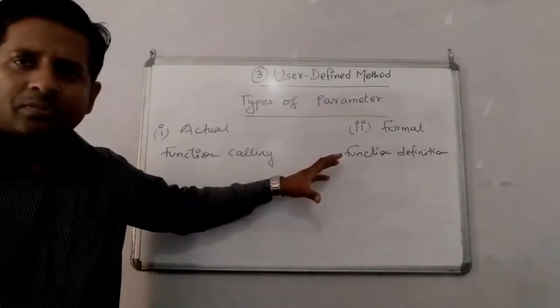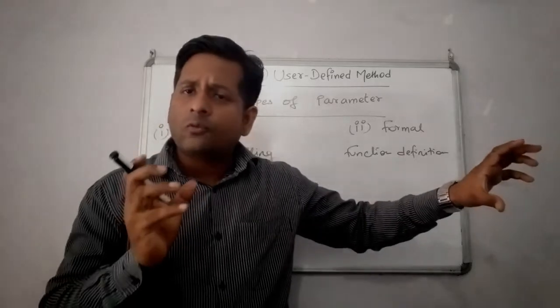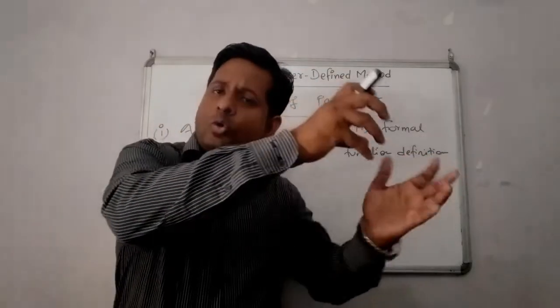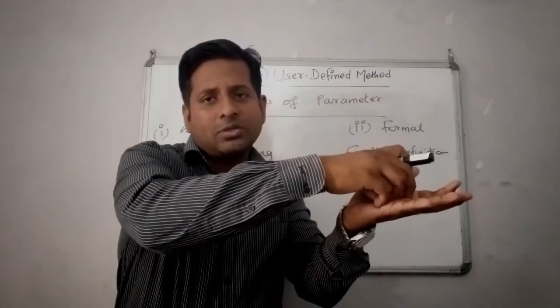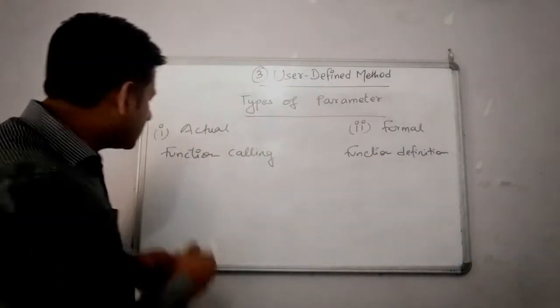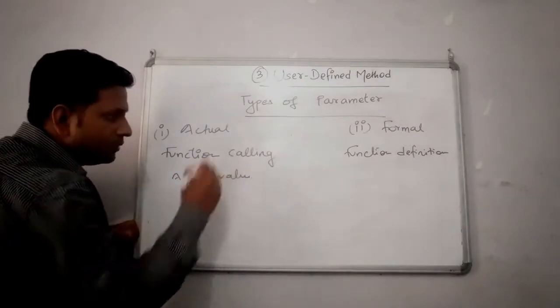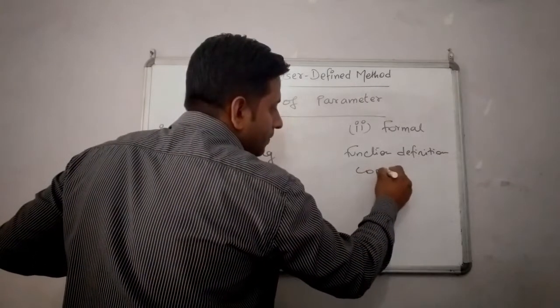That means while we call the function, we pass the actual value to the formal parameters. That means formal are the copied values. These are the actual values. These are copied values.